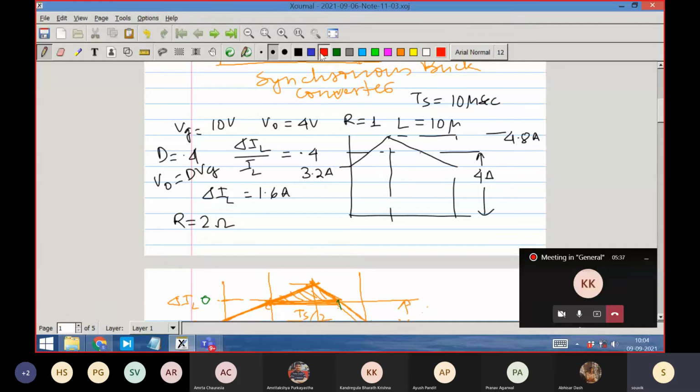So let us try to sketch it. The average value now has to shift to 2 ampere. This is 2 ampere. Will the ripple change? Will the current ripple change due to the change of resistance?